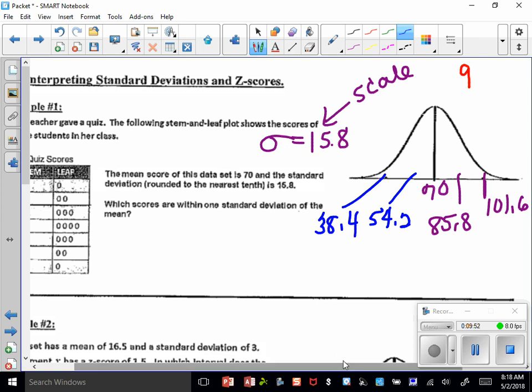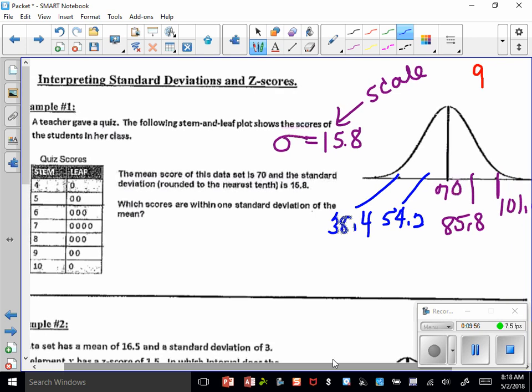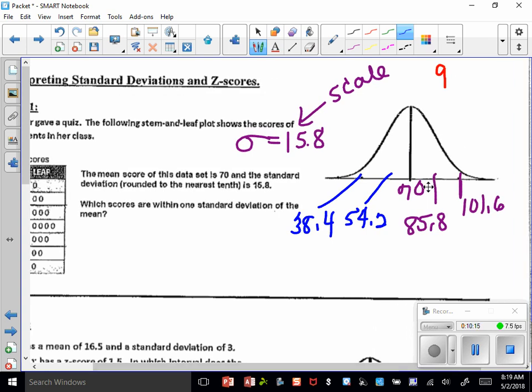All right, so let's just take a look and see what the question is asking. It says which scores, this is a good question because actually I think we got this off an old SOL release test. Which scores fall within one standard deviation from the mean? So when it asks you that, they mean one to the right and one to the left.